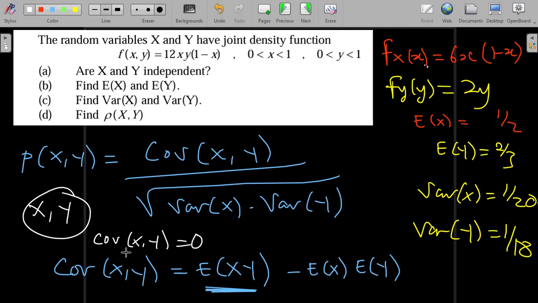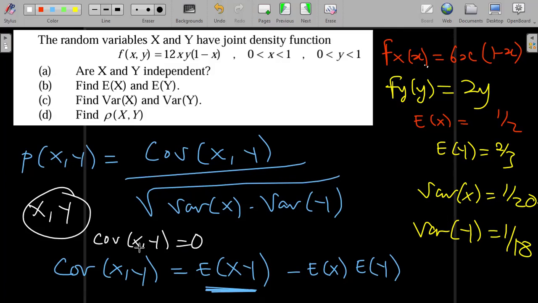Okay, so if X and Y are independent, then the covariance is equal to 0. But the reverse case is not true. If the covariance is 0, and they don't tell you the distribution that they are using, then you cannot conclude that X and Y are independent. X and Y can only be independent if the covariance is 0 when the distribution that you are using is a normal distribution.